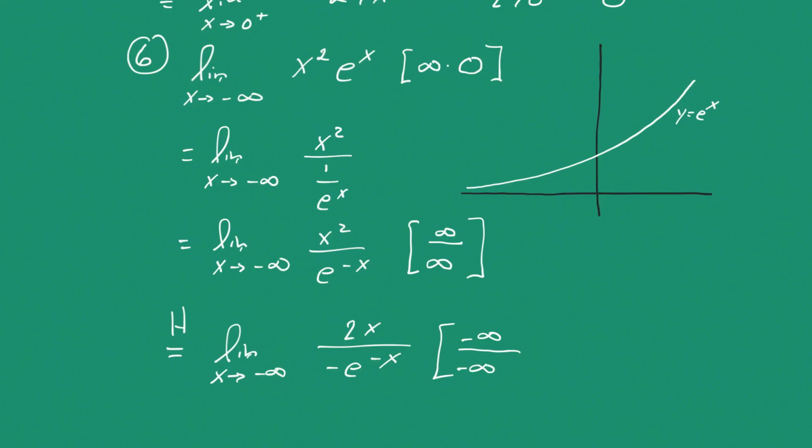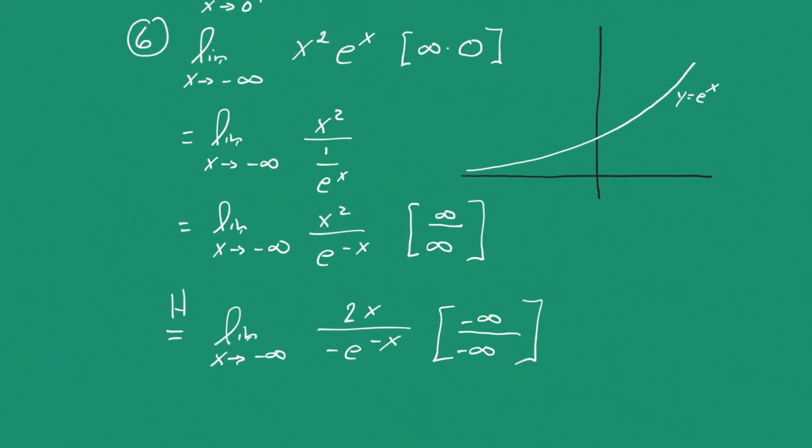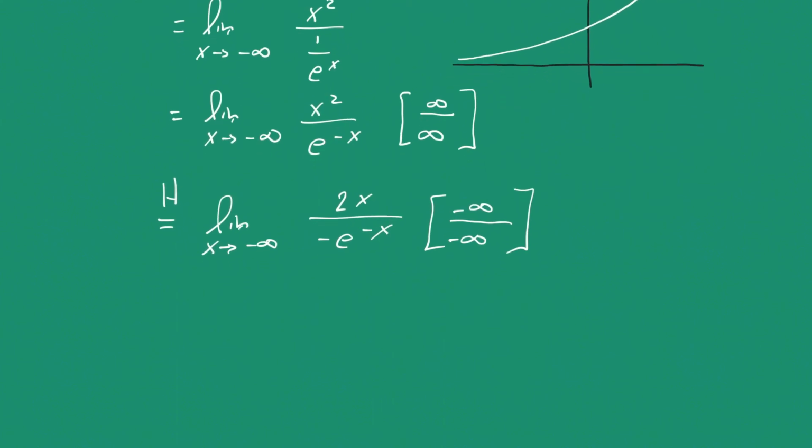All right, so again, this looks like the sort of limit to which L'Hopital's rule applies, and it doesn't look like we can really do any algebra with this. It doesn't seem that there are any simpler methods for us to use at this stage, so we're just going to apply L'Hopital's rule one more time.